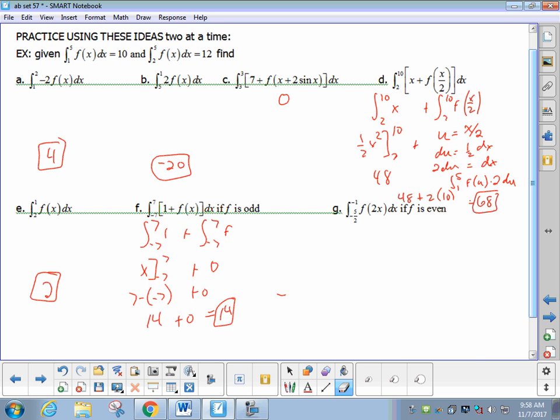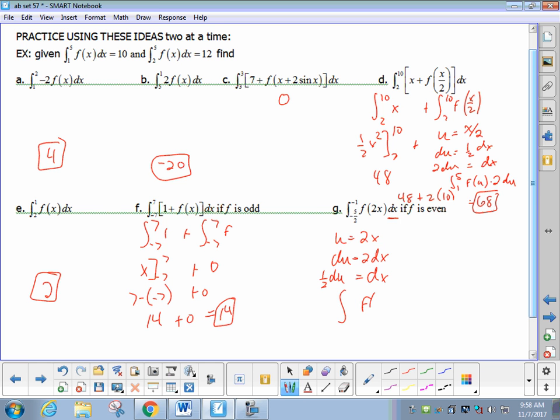So this is even. You do have a u sub issue, though. U is 2x. du is 2 dx. I don't have 2 dx. I have dx, so dx is 1/2 du.